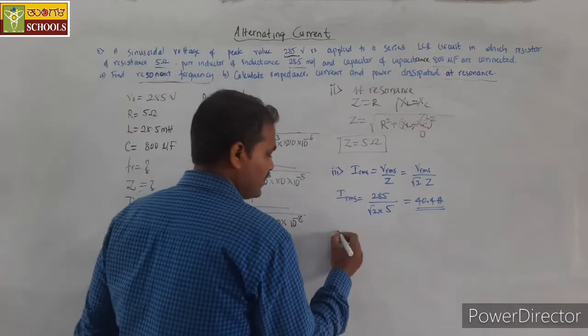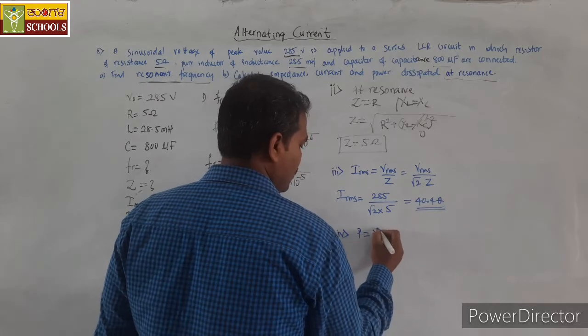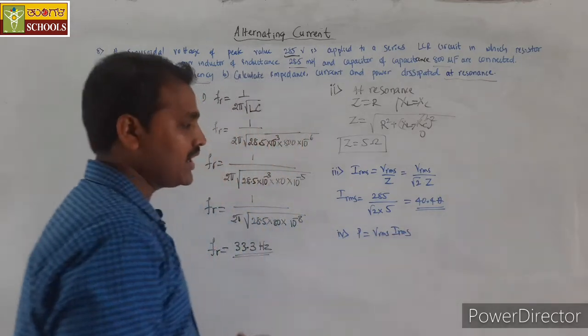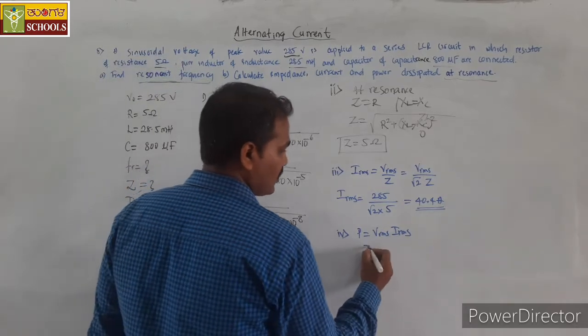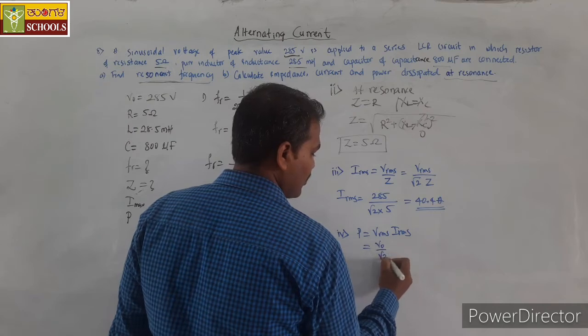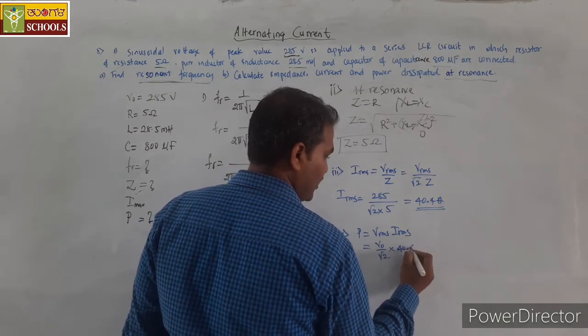Then the power dissipated at resonance, that is P is equal to VRMS into IRMS. Here VRMS is V naught divided by square root of 2, into IRMS, which is 40.4.